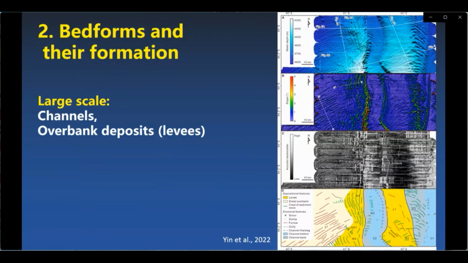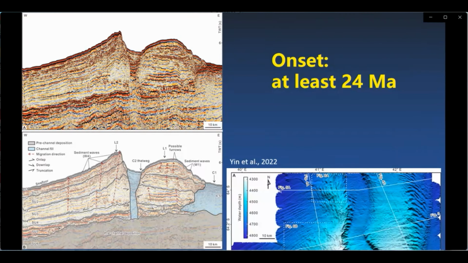And here the multibeam bathymetric map clearly shows the large-scale features, for example the channel and the overbank deposits. The seismic lines across the channel system also clearly show the architecture of this system.